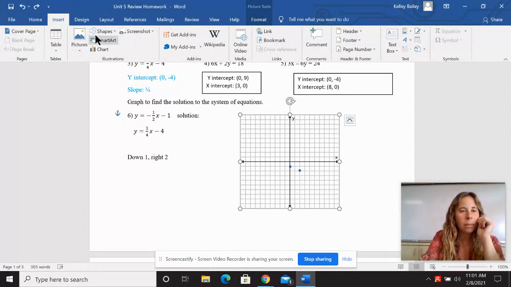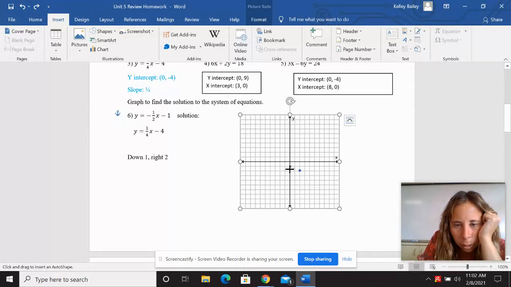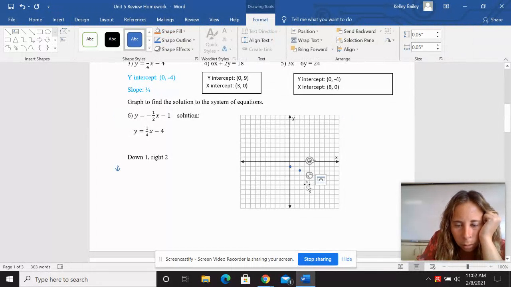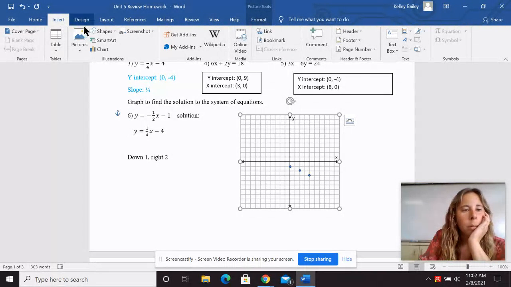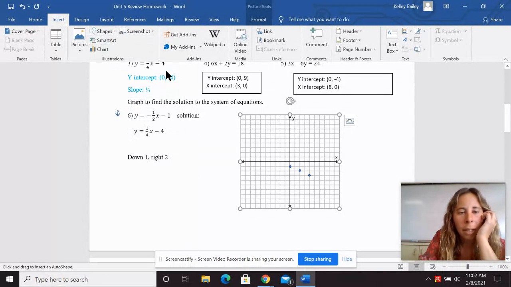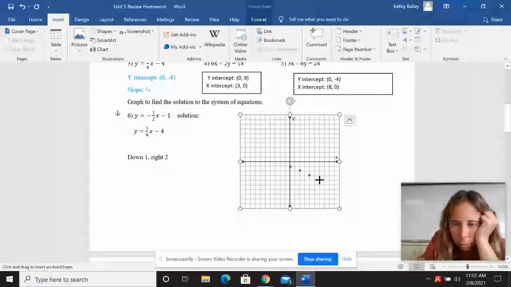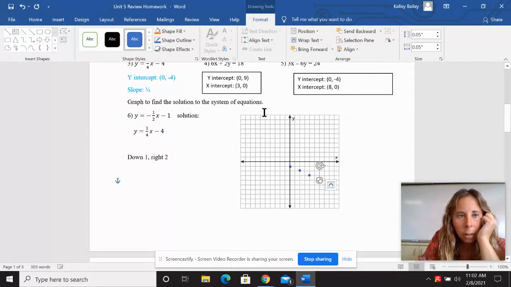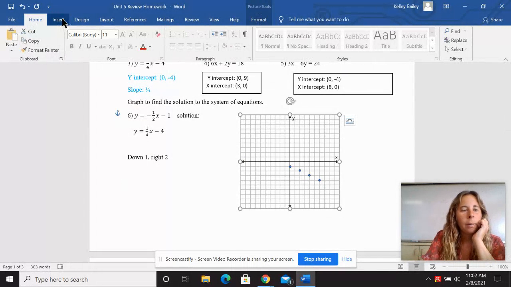Let's insert shapes. So -1, we went down 1, right 2. Sorry, I didn't notice that my graph moved. Down 1 to the right 2. Okay, and then we would go the other way.